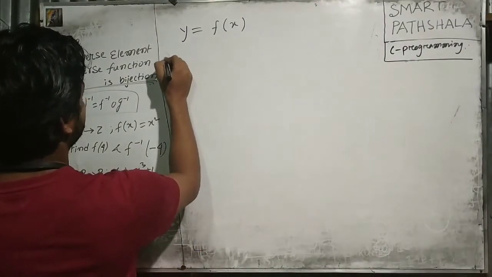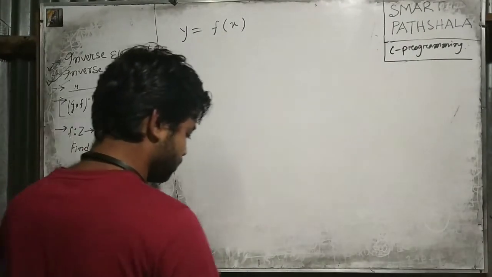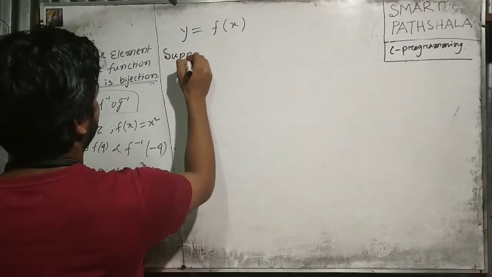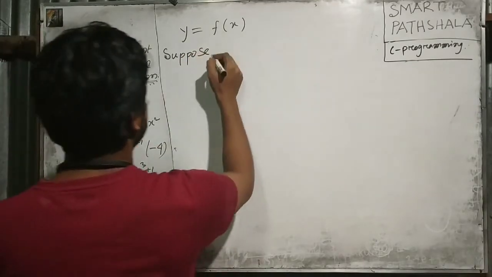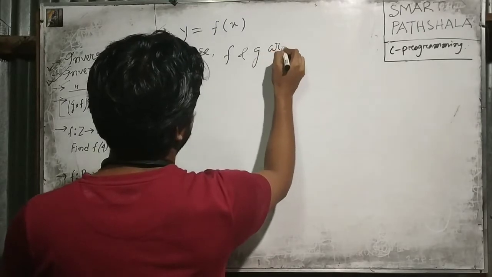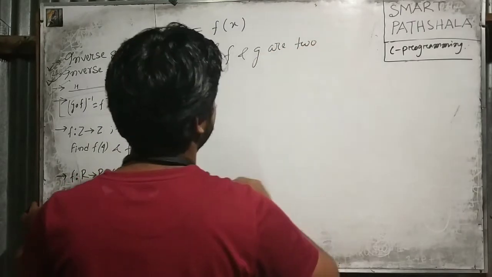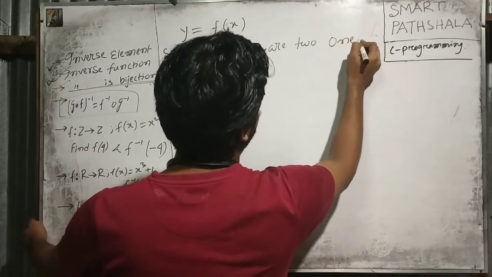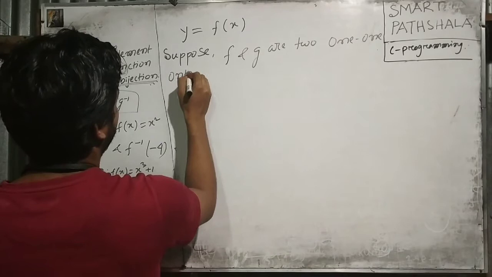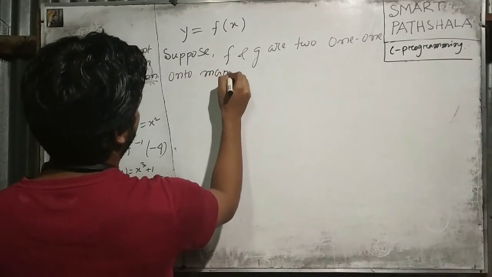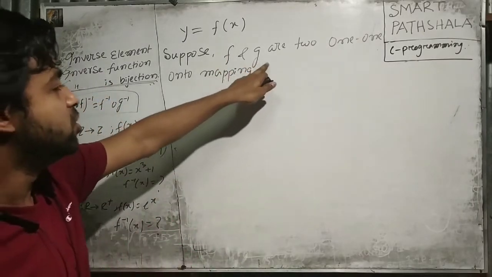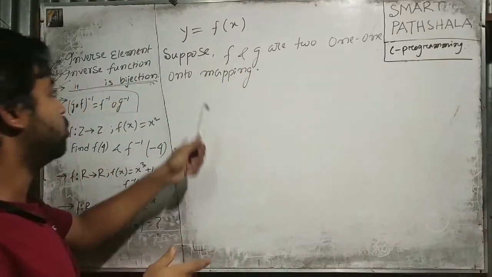Suppose f and g are two one-one onto mappings.